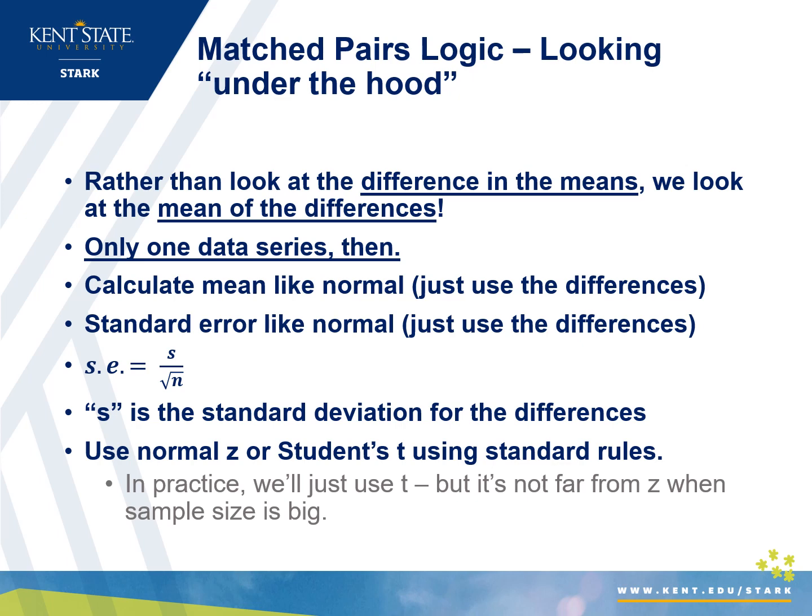Now at this point, I've not really told you how this matched pairs or paired means test works. It's actually fairly simple. Rather than looking at the difference of the means, this is looking at the mean of the differences. So in a before and after kind of scenario, for example, the algorithm doesn't look at the before data and the after data. Rather, it looks at the change between the two. So we have just one data series with all of the changes in it.